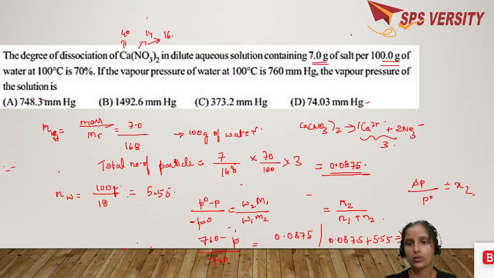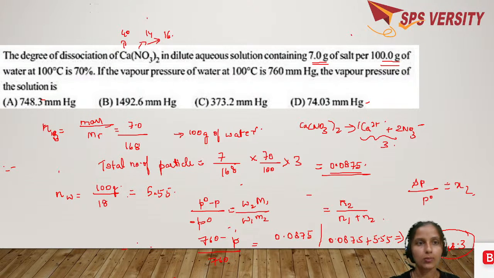When you do this, what is the value of P you are going to get? Substitute this. See, it's 748.3.